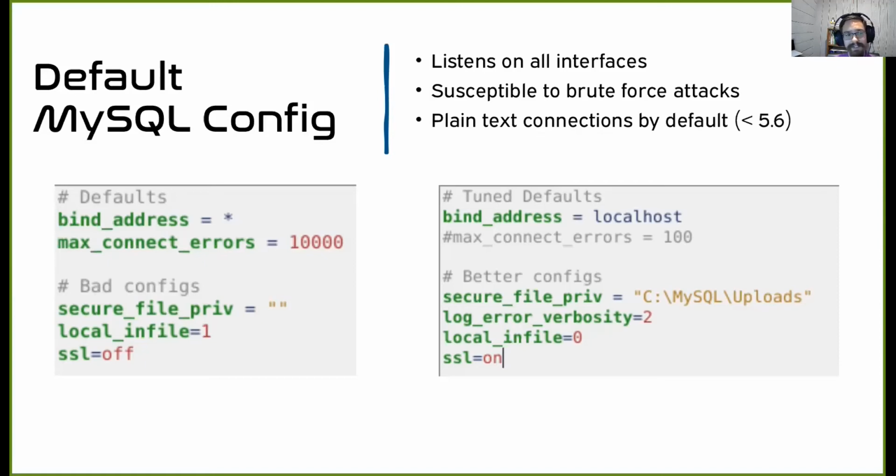Moving along, we come to secure file priv. And this is bad internet tutorials 101. So if you have this variable set, as you see on the left, as an empty string, that means that MySQL can import and export files to anywhere on the MySQL server.